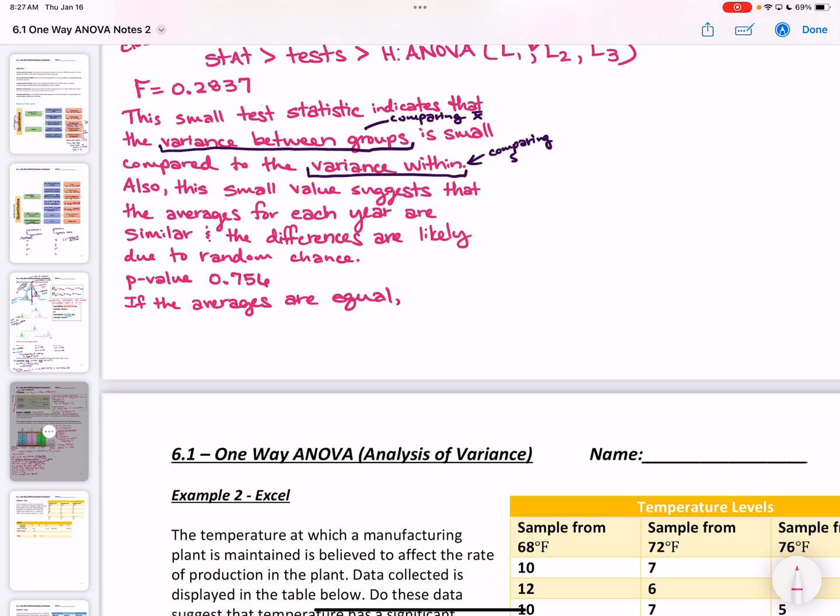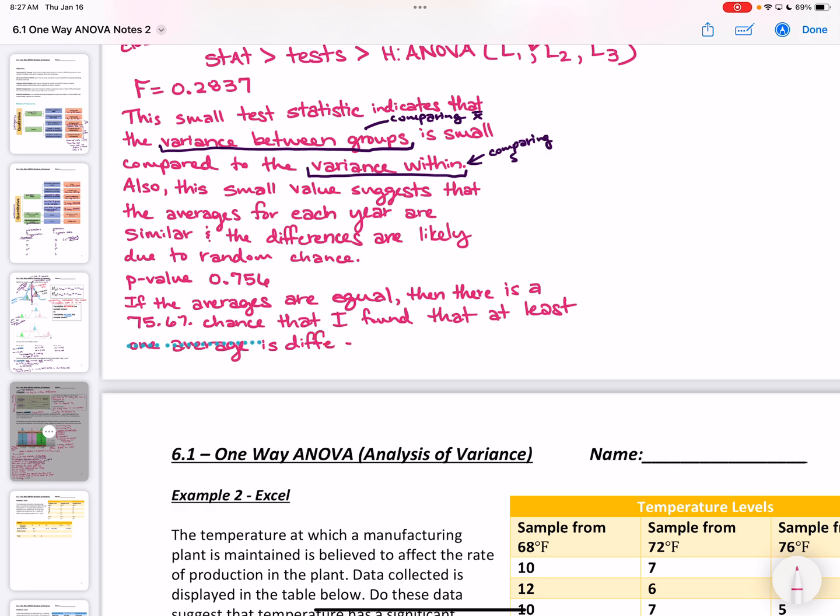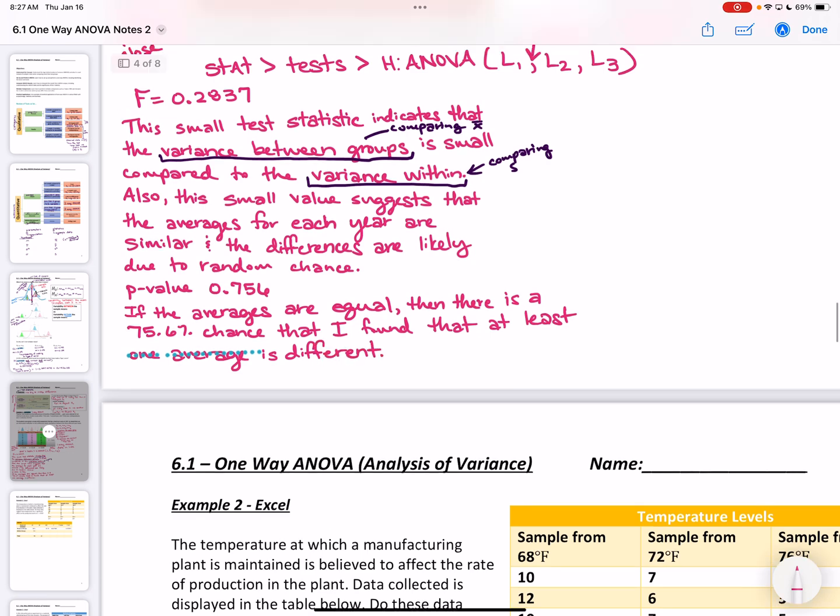So if the averages are equal, then there is a 75.6% chance that I found that at least one average is different. And that's the alternate, okay?